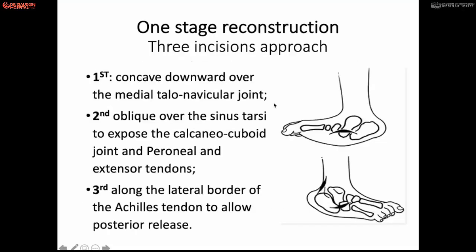Here it shows an example of how the incisions are given: a curved incision to reduce the talonavicular joint on the medial side, and the total peritalar reduction, subtalar joint capsulotomies on the medial side. Then you have to open by another incision on the lateral side to reduce the cuboid, talar, and calcaneocuboid joints, and reduce the dorsal structure as well.